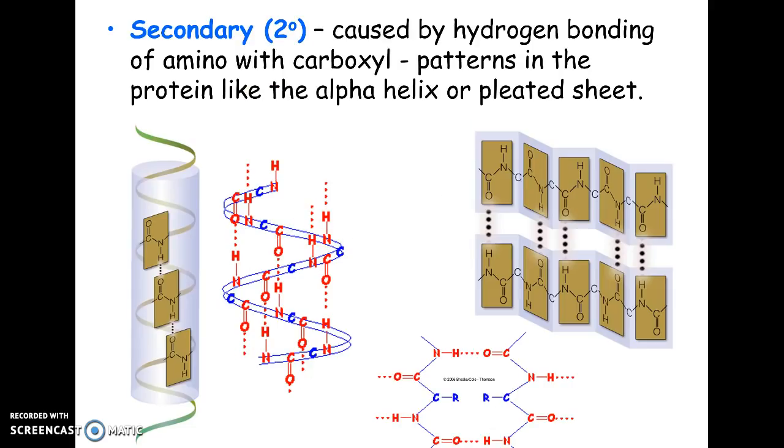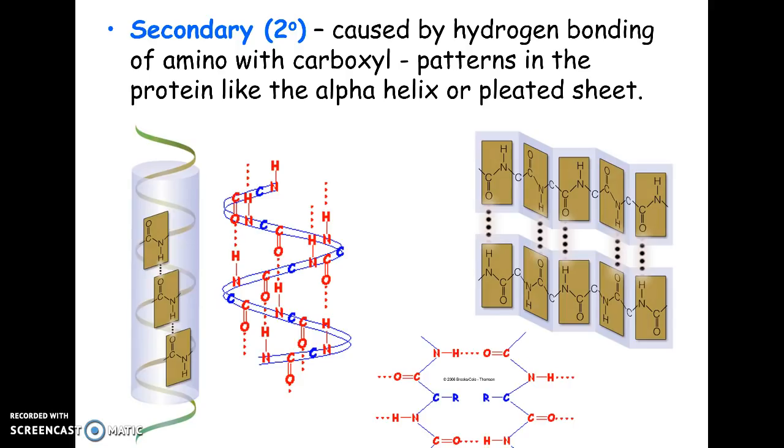Okay, so once the primary structure of a protein forms, once the protein is built, which is what you just did, the next thing that happens is that along the chain, some of the amino groups from one amino acid react with the carboxyl groups from another amino acid, and they form hydrogen bonds. When they do this, you end up with repeating patterns along the protein chain.